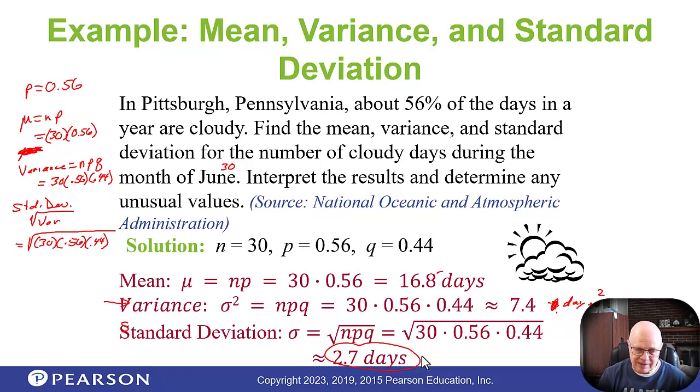Days make sense. That means if we're thinking about doing something next June, if we're in Pittsburgh, Pennsylvania, there might be almost 17 days of rain, but that could be plus or minus 2.7 days, so that would give us an idea that about 68% of the Junes will have that interval of possible days of rain.